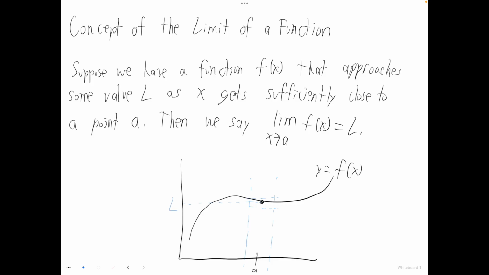And so this is the idea of the limit: as we zero in on this point A, pushing towards the point A from both sides, the y value of the function is zeroing in on this value L.